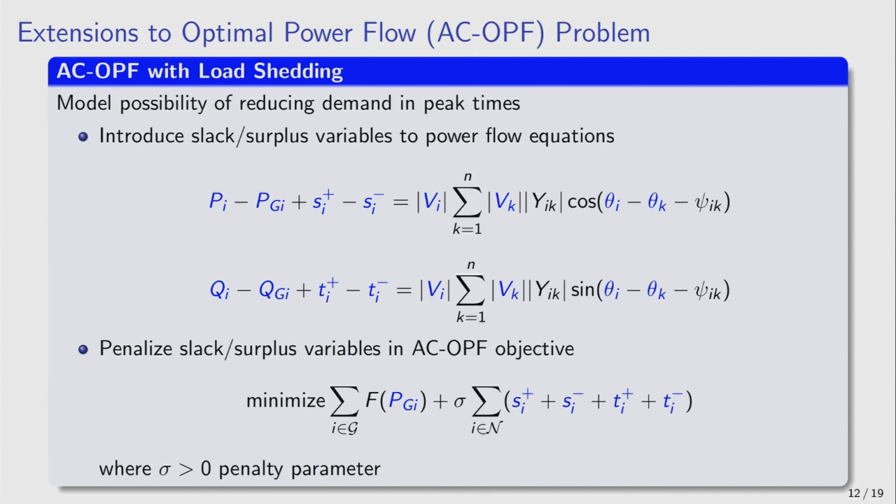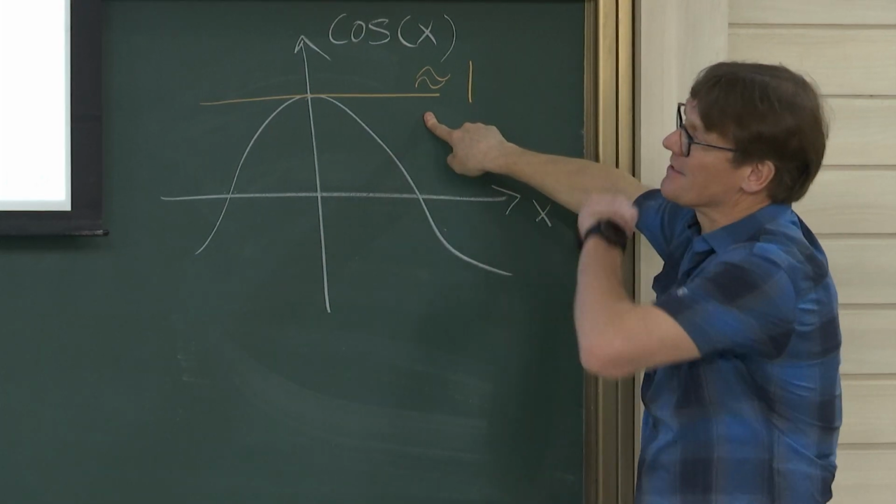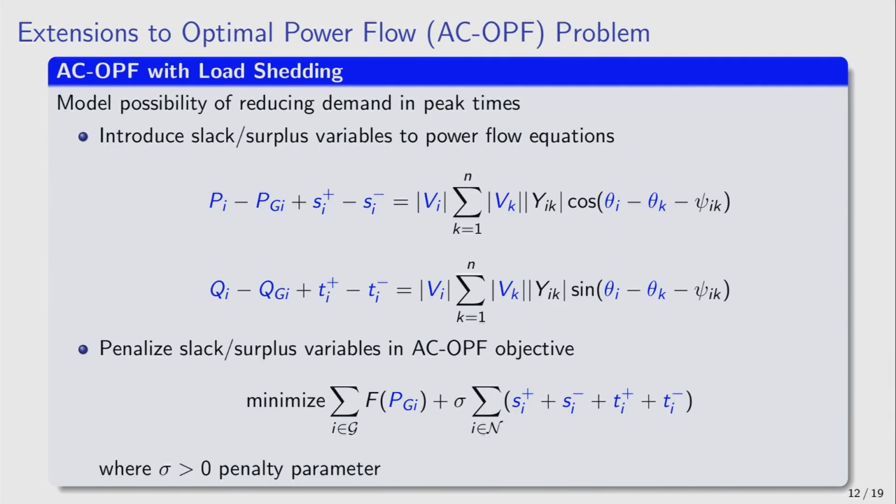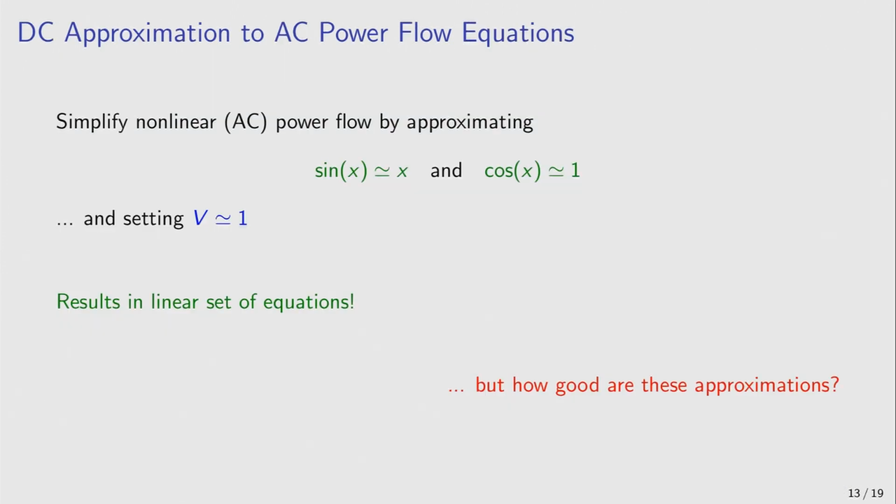The sine and the cosine, I just plug in. Either the cosine is just equal to 1, so that's just a constant, I'm just going to throw away that equation. And where I have a sine, I now have my balance equations here. And on the right-hand side, I just have some angles with a constant in front of it. So very simple. This is now a linear system of equations. Brilliant. That's what we want.